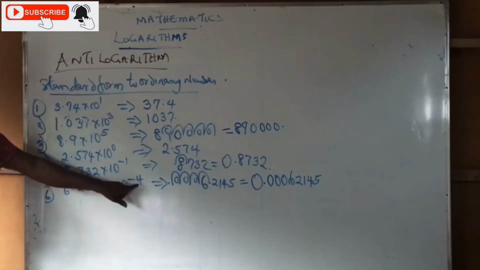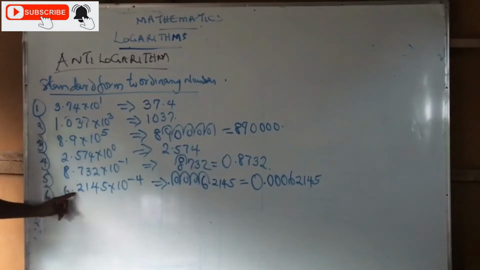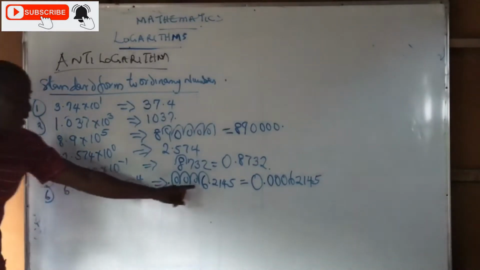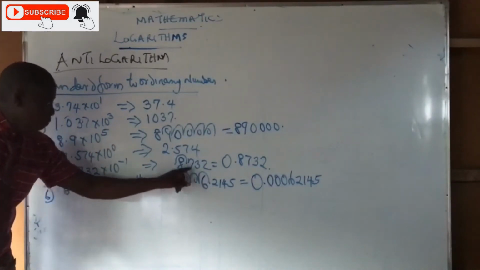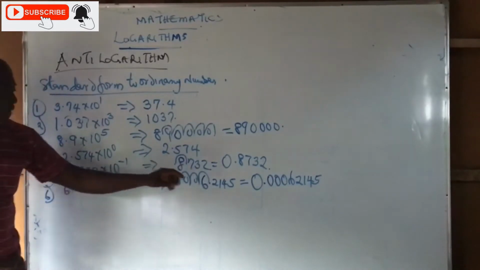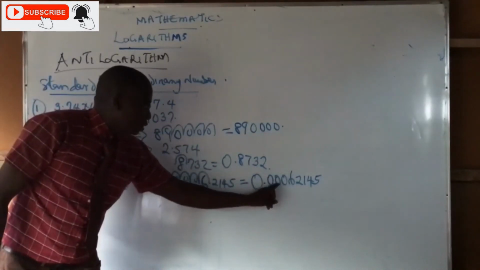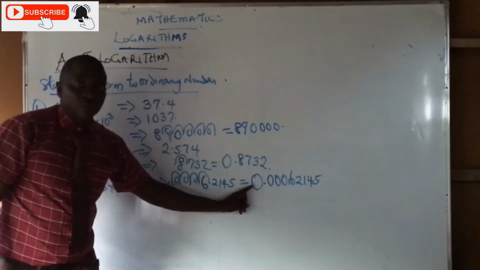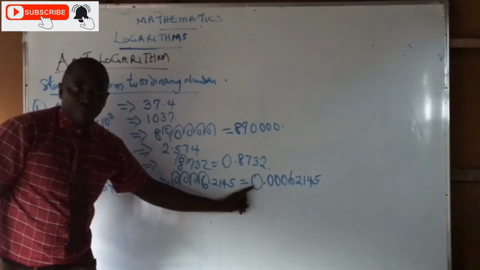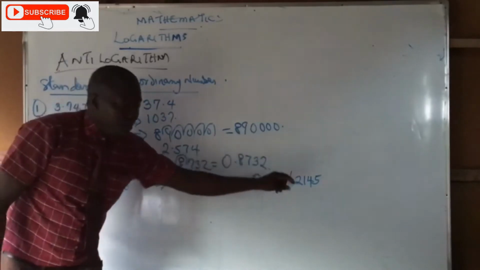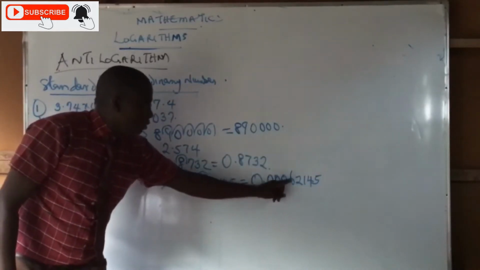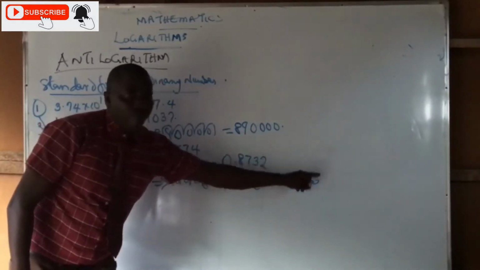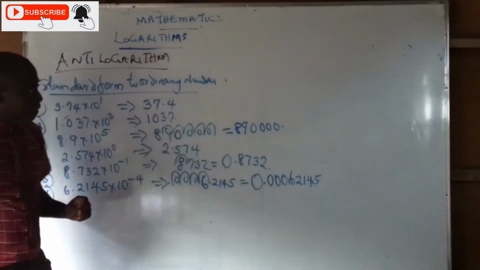And when the power is -4, it is shifted backward 4 times. 1, 2, 3, 4. That is why it is 0.00062145, with the 0 for normal pronunciation. So we have it in that order.